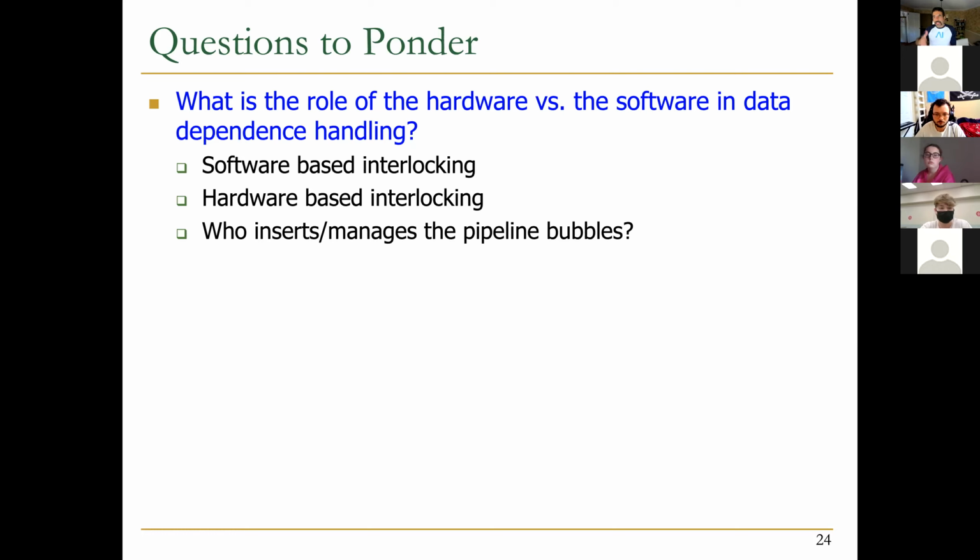Basically, we make sure that we produce the value of a register first before some other instruction needs to read from this register. So we need to insert some bubbles. We had some examples.